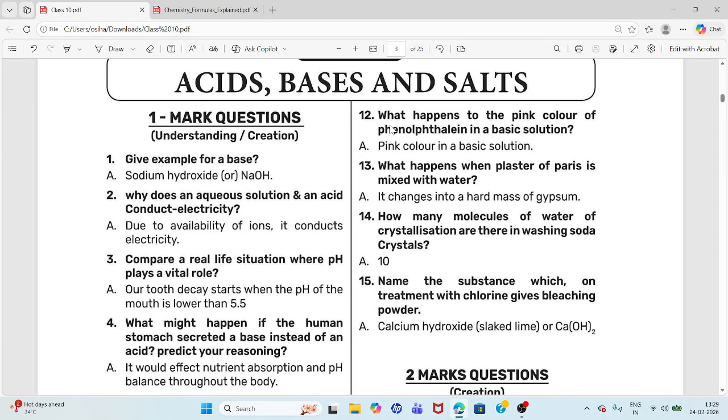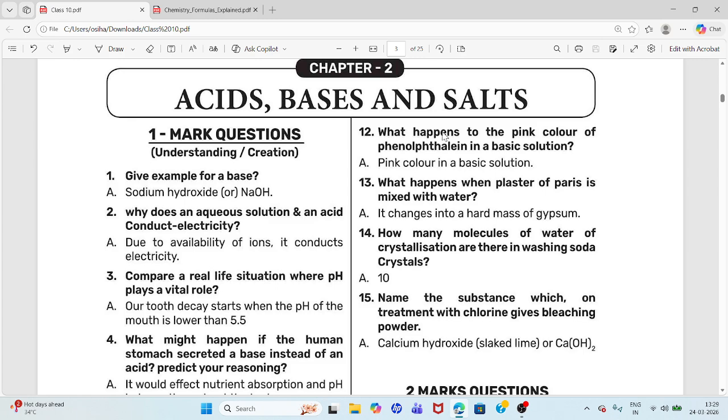12th question: what happens to the pink color of phenolphthalein in a basic solution? Answer: pink color in a basic solution. 13th question: what happens when plaster of Paris is mixed with water? Answer: it changes into a hard mass of gypsum. 14th question: how many molecules of water of crystallization are there in washing soda crystals?